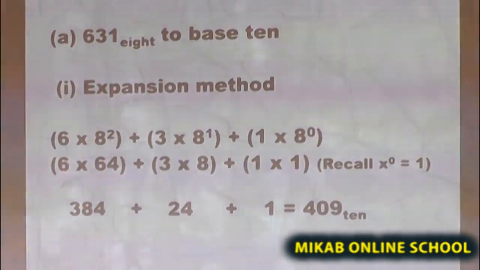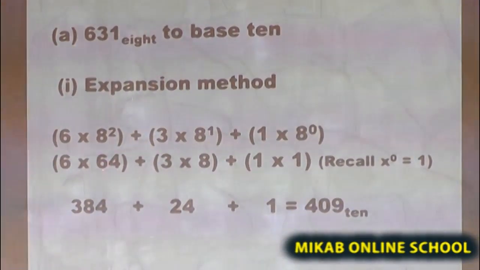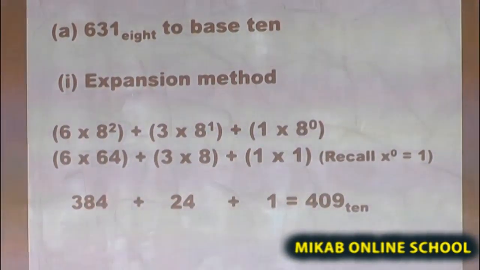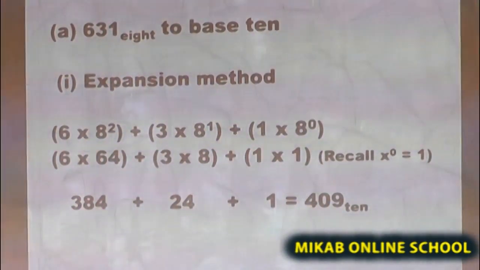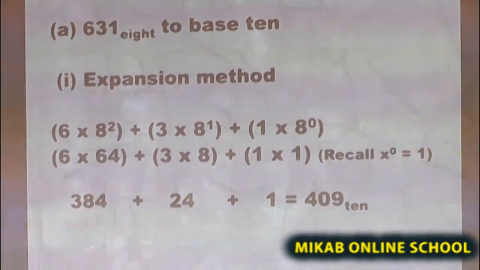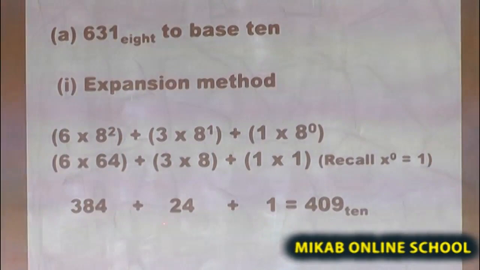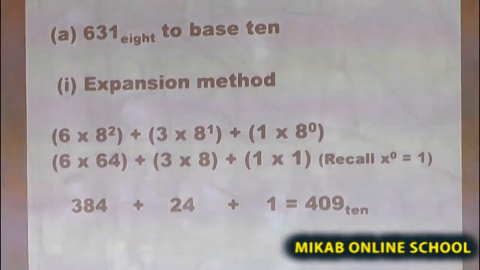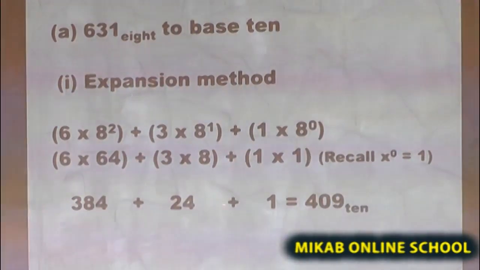So if I multiply 6 by 64, I will have 384. I'm very sure you are trying it out on your own. 384 plus 2 times 8, I'll have 24 plus 1 times 1, I'll have 1. And I'm still not going to stop there.